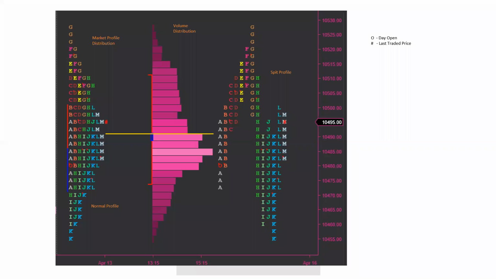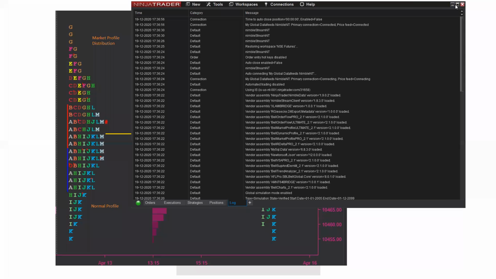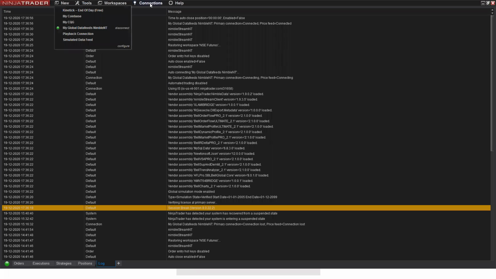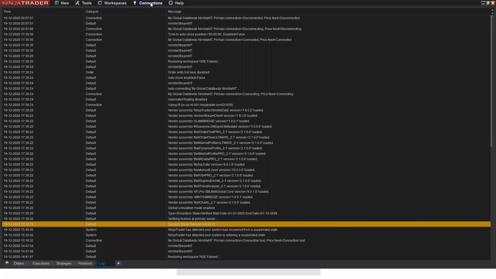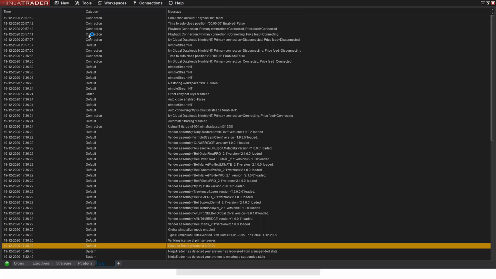Let me bring up NinjaTrader. NinjaTrader has a feature called Control Center. From the Control Center, I can connect to any data sets and disconnect. I can move on to the playback connection and run the simulation mode. I'm going to show you last Friday's activity.